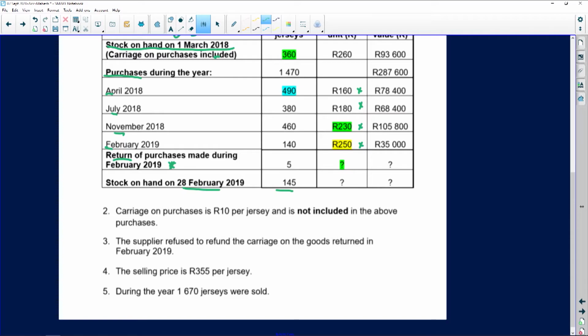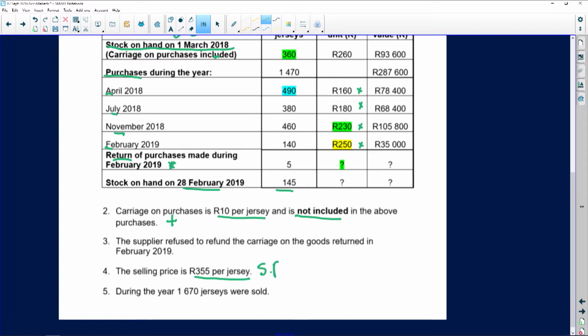Carriage on purchase is 10 Rand per jersey and is not included in the above purchases. So remember, carriage on purchase obviously needs to be included. Information 3, the supplier refused to refund the carriage on the goods returned in February 2019. Information 4, the selling price is 355 Rand per jersey.